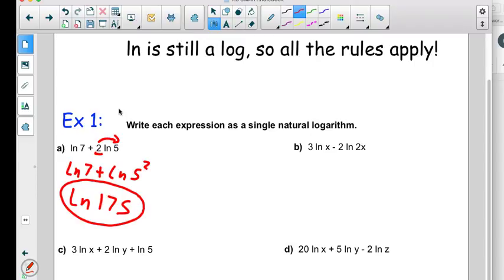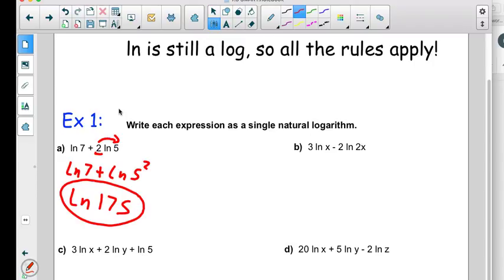So it's just 7 times 5 squared, and 5 squared is 25. So 7 times 25 gives you 175. It's fine.